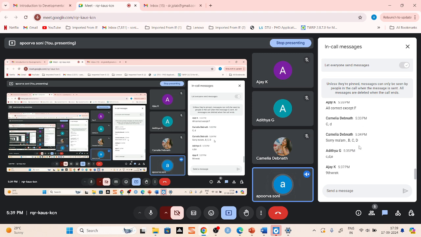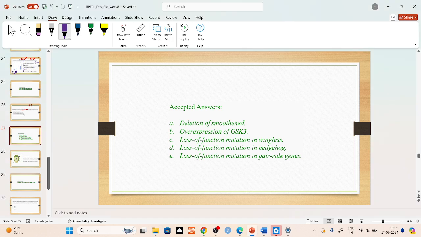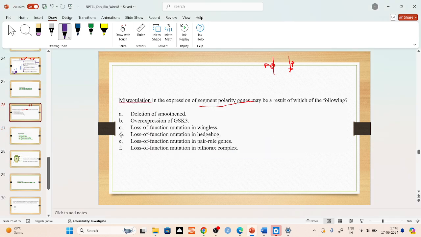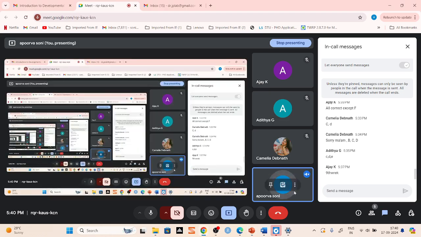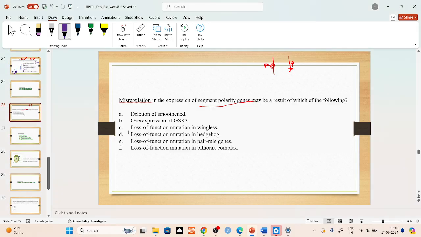You have chosen B, C, and D. Okay. And Aditya has taken C, D, and E. Okay. So now we'll see how A is also included and how other options are also included.